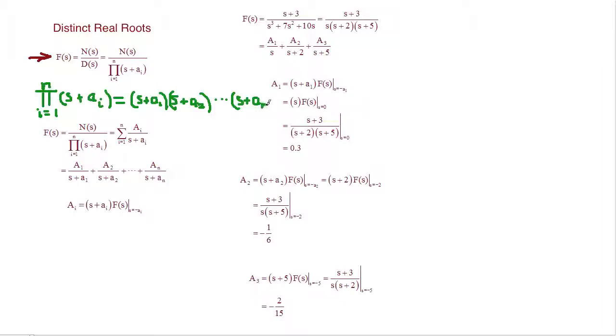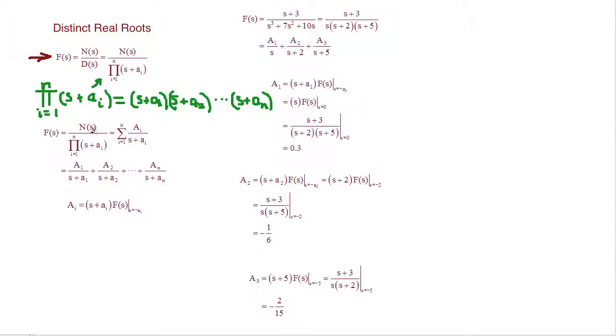So it means something like the summation notation, the sigma notation for doing sums, except this represents a product. This symbol means s plus a1 times s plus a2 times s plus a3, and so on, all the way out to s plus a_n. So that's what this notation means.